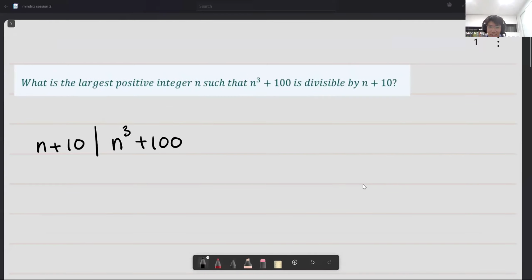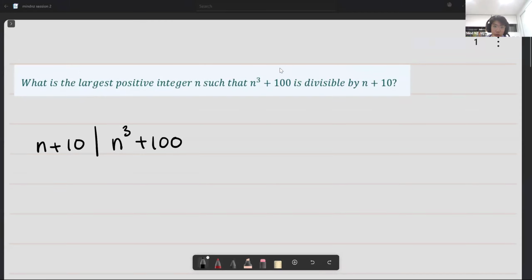So just say yes in chat if you can see. Okay, yeah, it seems like it is working.